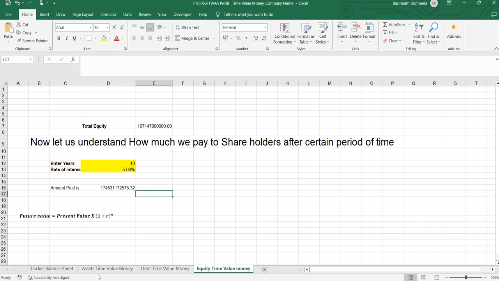You are supposed to discuss assets, debt, and equity for a profitable company.